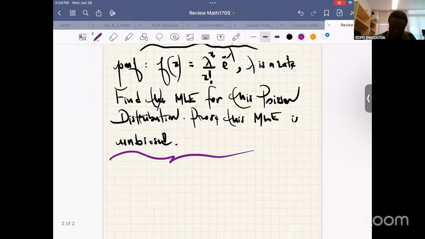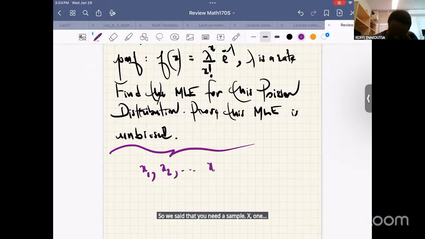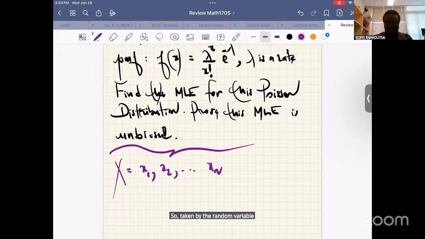So we said that we need a sample x1, x2, ..., xn taken by the random variable X, which is of Poisson type, like we said in this case.